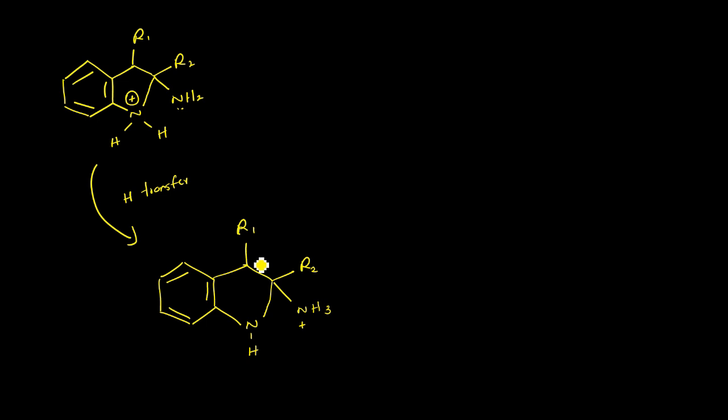Now as for the last step, if you take this carbon over here, 1, 2, 3 bonds are visible, and also there's a hydrogen over here. So this hydrogen will be released as a proton to form a double bond between this carbon and this carbon, which will result in breaking this bond and removing this molecule as ammonia.